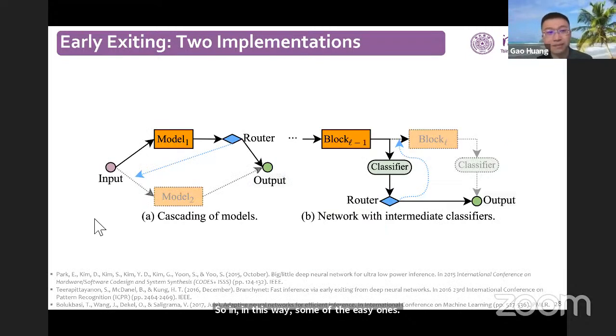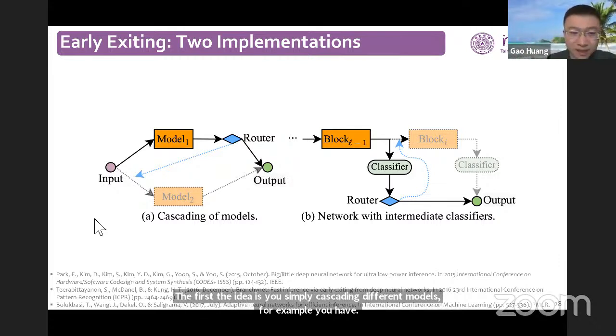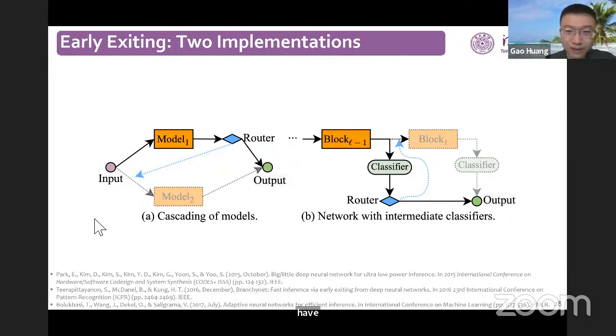Okay, and the early exiting can be implemented in two ways. The first idea is you simply cascade different models. For example, you have an 18-layer ResNet, a 34-layer ResNet, and a 50-layer ResNet, and then you cascade these three models. All the images will be sent to the first model, and you have a router that decides whether an image will be sent to a deeper model.